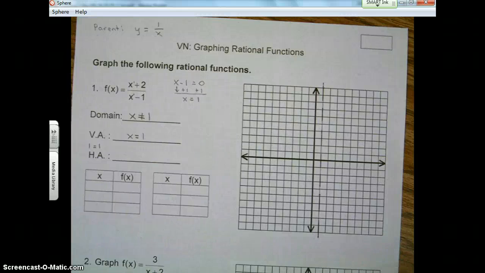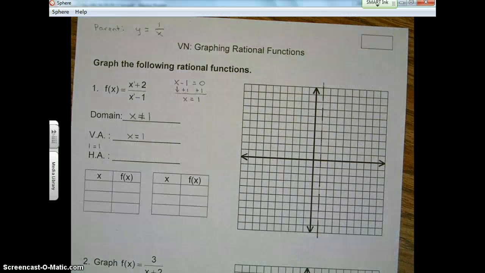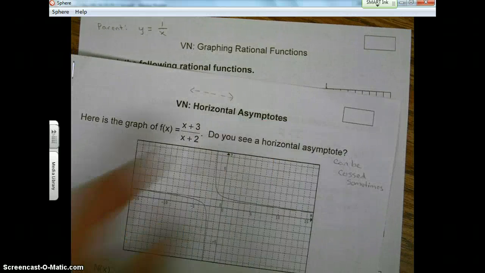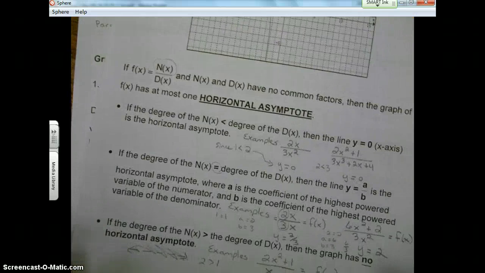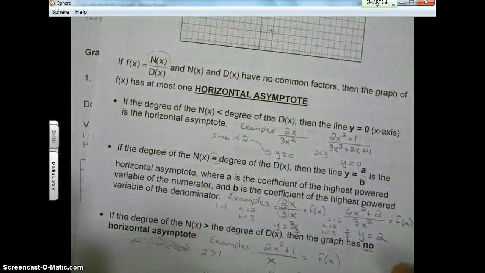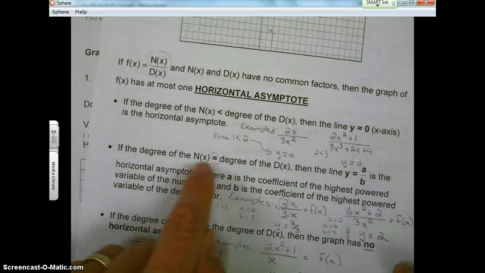Now, until you have it memorized, you're going to need to look back at the notes we took on horizontal asymptotes. Let me see if I have mine here. Okay, looking back at our notes, there are 3 rules, and we have the degrees being equal, so this would be right here.